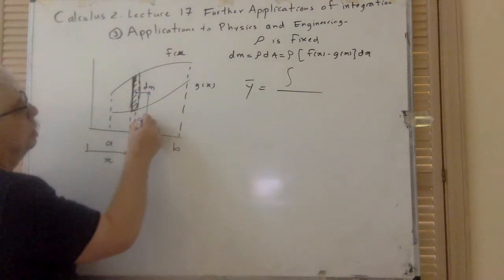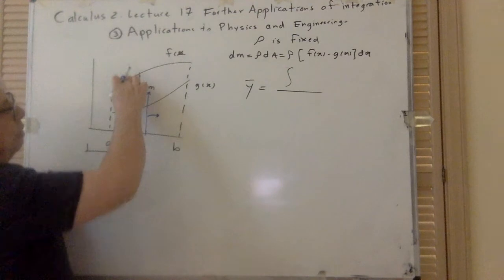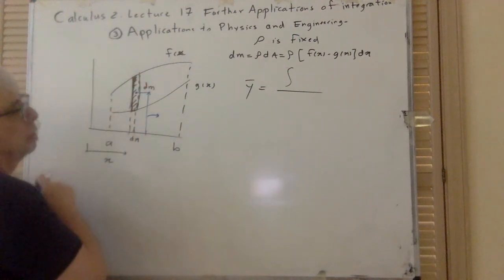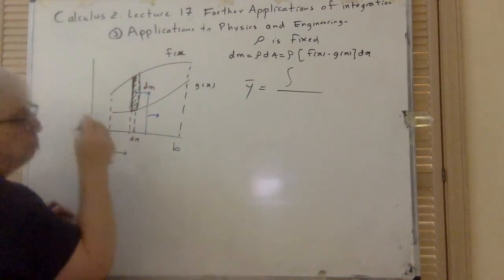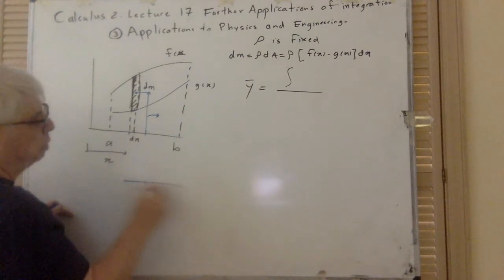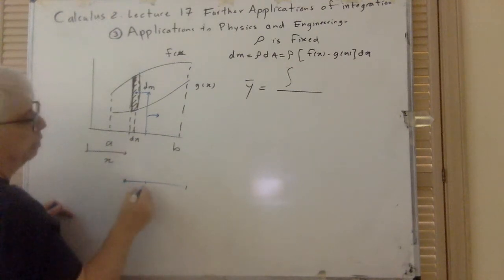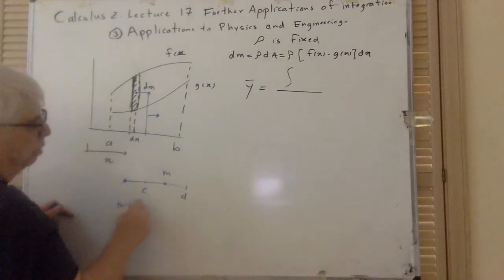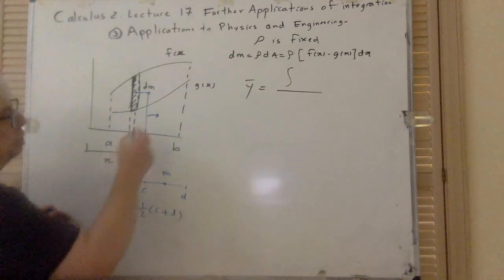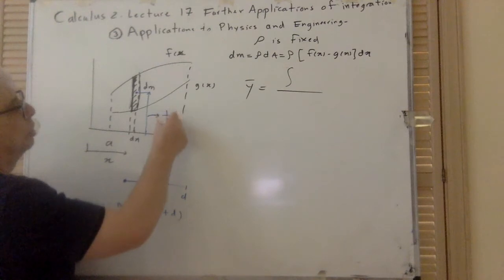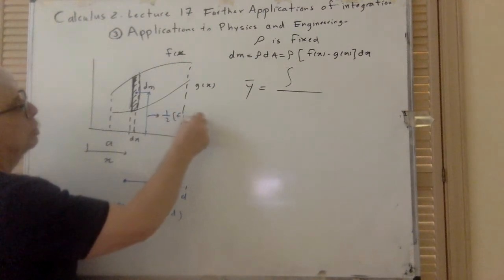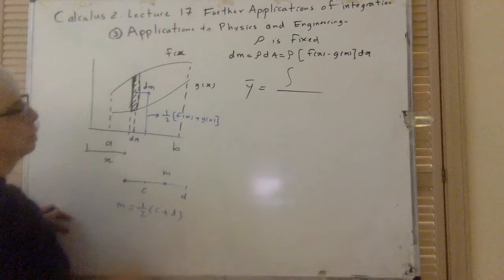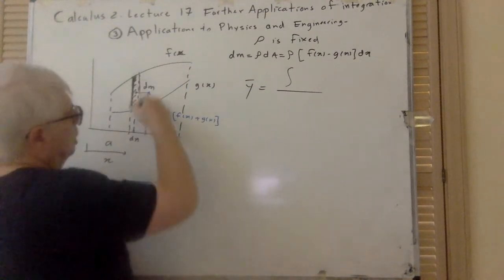So this is f(x) plus g(x) divided by 2. That's the midpoint formula. Remember the midpoint formula? If this is C and this is D, a midpoint is 1/2 of C plus D, not C minus D. So this is 1/2 of f(x) plus g(x).